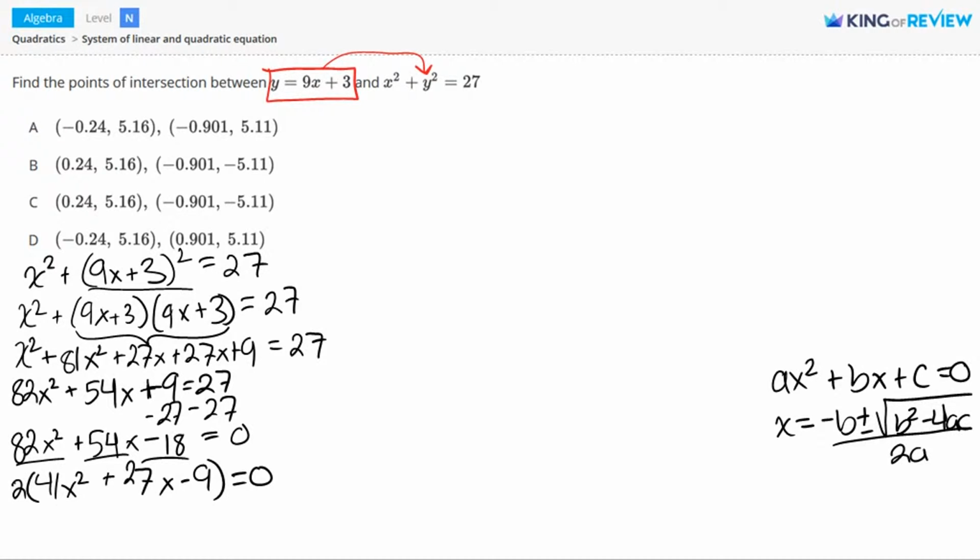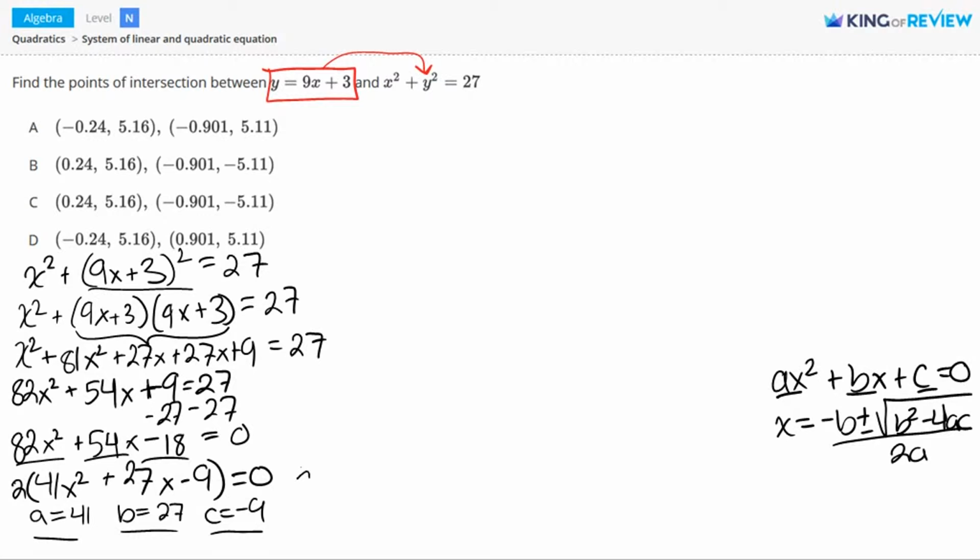The a, b, and c values come from these numbers here. So in our equation, a equals 41, b equals 27, and c equals negative 9. Let's use these three values and plug them into the quadratic equation.